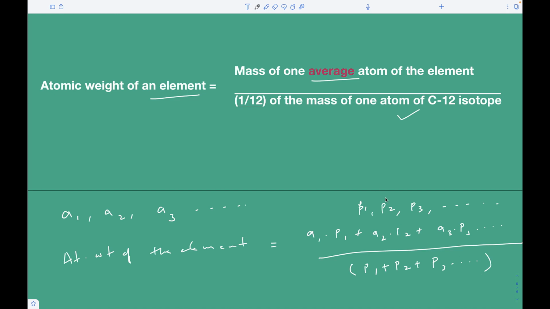And because these are percentage abundances, their sum must be equal to 100.